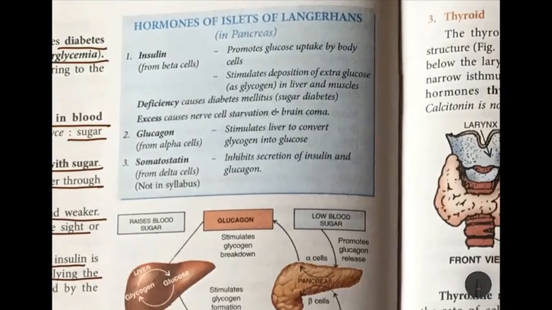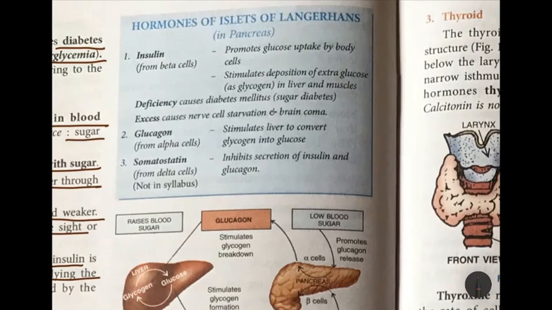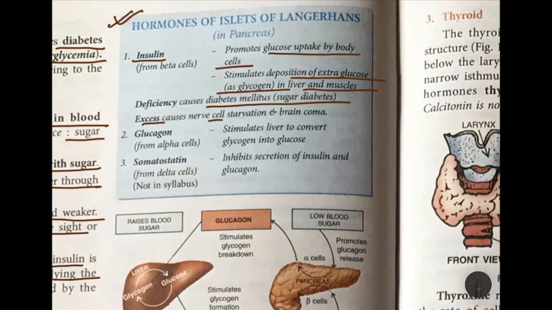So you can see these are the hormones of islets of Langerhans. Insulin promotes glucose uptake by body cells, stimulates deposition of extra glucose as glycogen in the liver and muscles. Deficiency causes diabetes mellitus, that is sugar diabetes. Excess causes nerve cell starvation and brain coma.